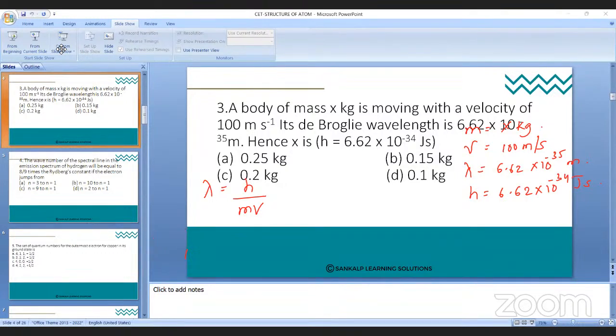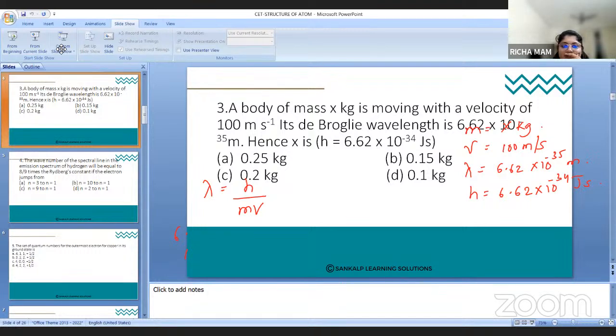Yes, did you get the value? 0.1 kg, ma'am. Okay. Kadiravan has answered as 0.1 kg.